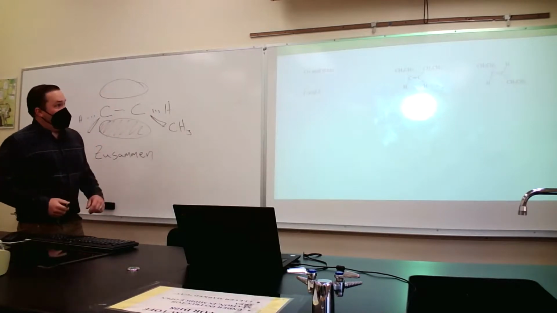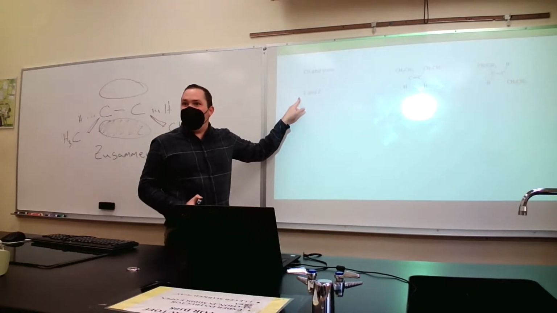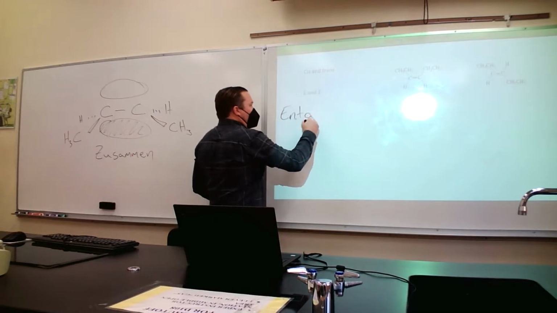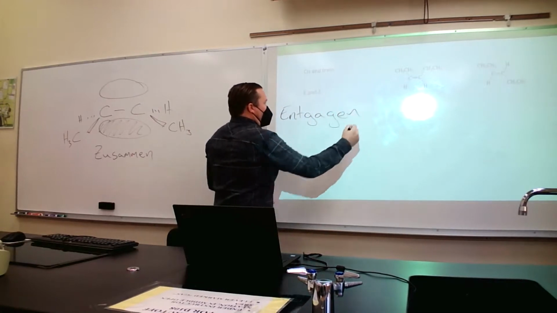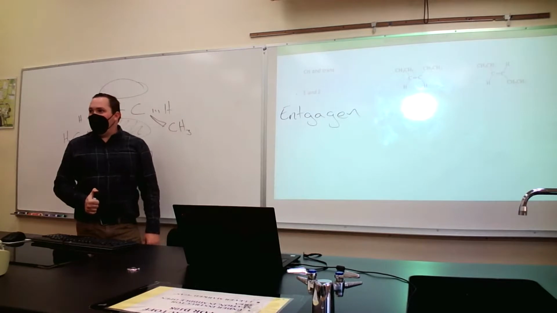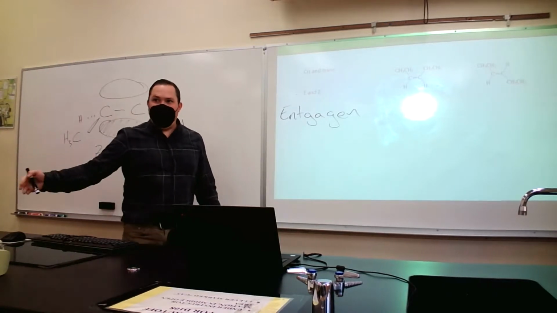And E is the opposite. E is German for entgegen, which means against. Again, my German is very rusty. Entgegen means against, so if they're on opposite sides, it's E. If they're on the same side, it's Z.